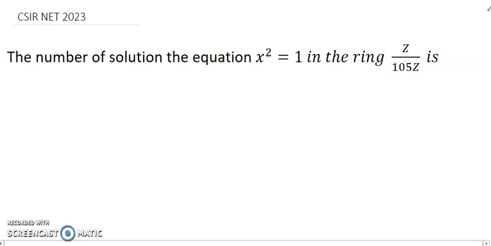Today's discussion is group theory, and this problem is from CSIR NET 2023 December.